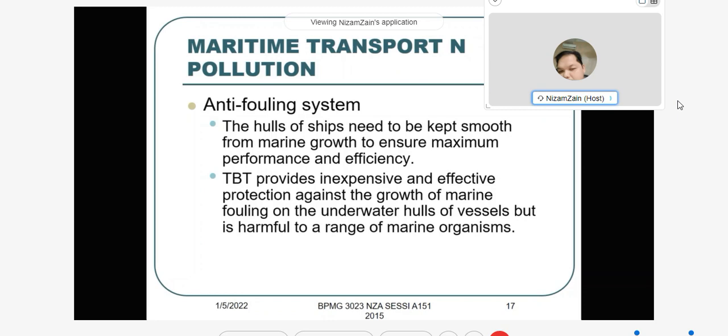Just imagine such a big organization keeps on thinking about saving the marine microorganisms. And marine microorganisms sometimes you cannot see with your bare eyes. You need a microscope to see some of them. But why is IMO so serious about it? Because they are part of the whole marine ecosystem.